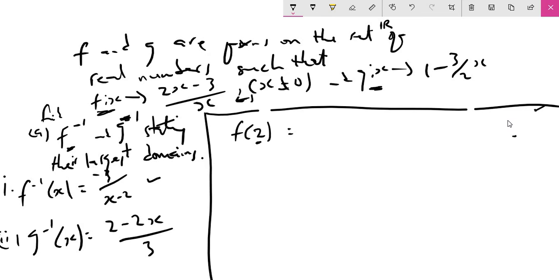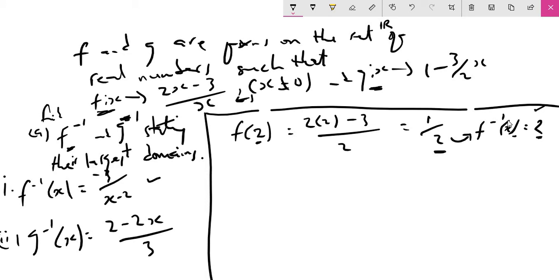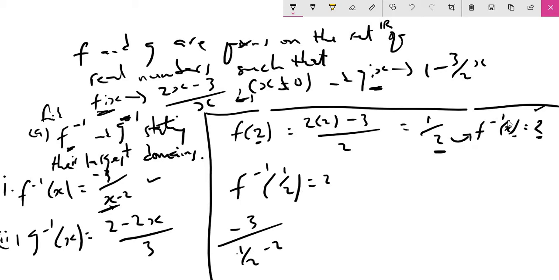F of 2 gives 2 times 2 minus 3 divided by 2. And this gives 4 minus 3, 1, 1 divided by 2. Now if we substitute this into f inverse of x, we must get back the 2. So that means f inverse of half must be equal to 2. So let's do that and see. This is f inverse of x. So we have minus 3 divided by half minus 2, right?